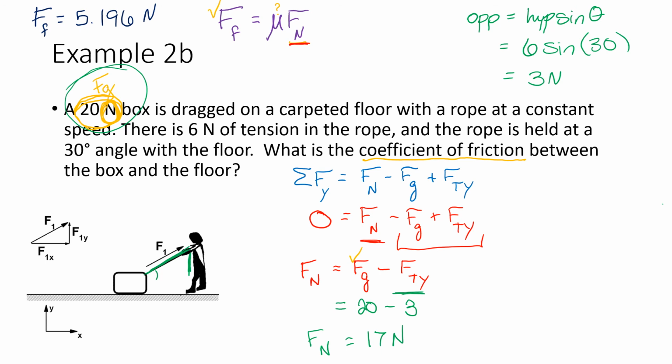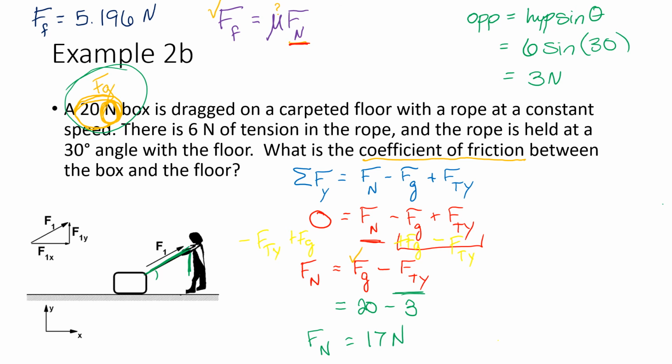So over here, I skipped a couple steps. We added the force of gravity to both sides and subtracted the force of tension in the y direction. Is that what you're asking? Okay.